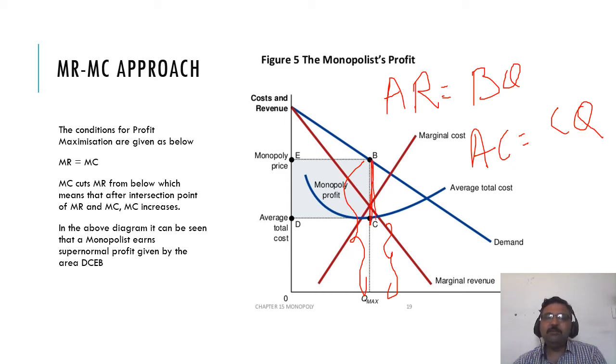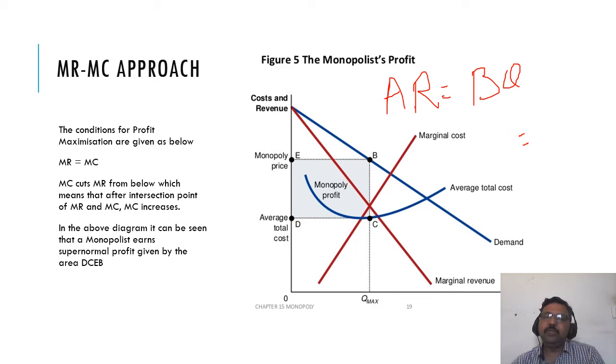But when we talk in terms of total cost and total revenue, total cost will be given by the quadrilateral ODCQ. This is the total cost area. Let me erase it and show you the total cost area again.